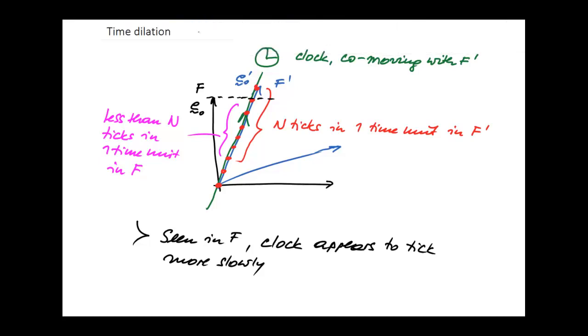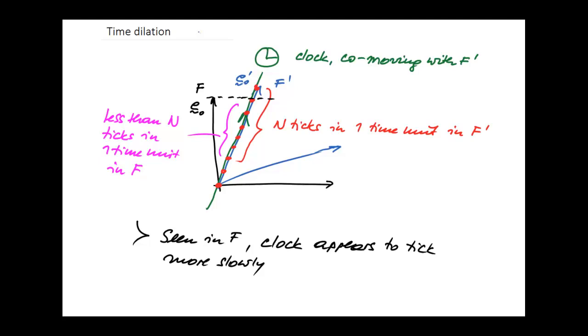So the primed observer F primed goes along the basis vector E naught primed. That corresponds to one time unit, and within this one time unit counts n ticks of the clock. So the observer sees that the clock ticks at a rate of n ticks per time unit.